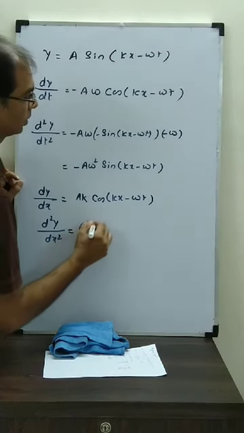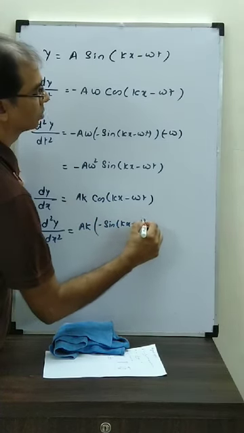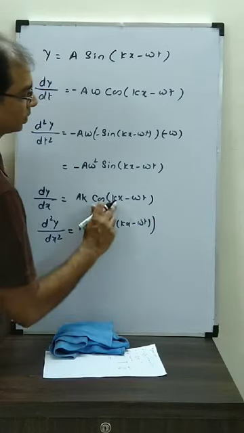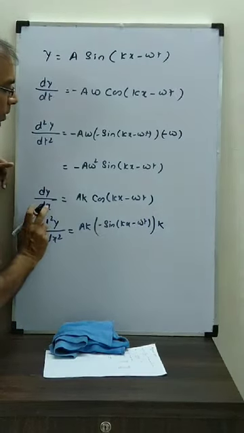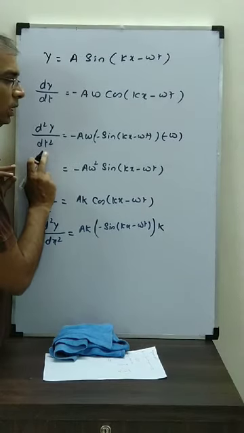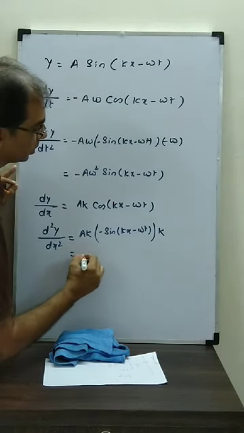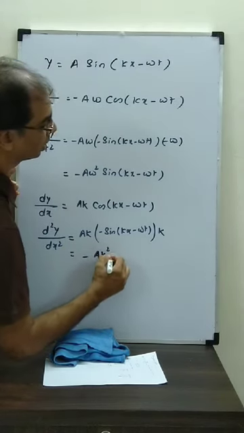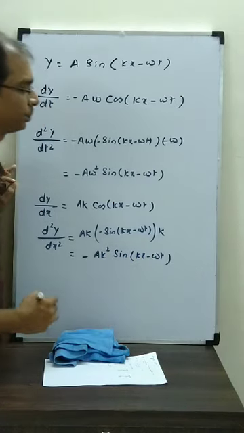Ak, differentiation of cos is minus sine of kx minus omega t. Then differentiation of this will be k, because t is constant here. We are differentiating with respect to x, keeping t constant. We differentiate with respect to t, keeping x constant. Is that okay? Fine. So this becomes minus ak square sine of kx minus omega t.